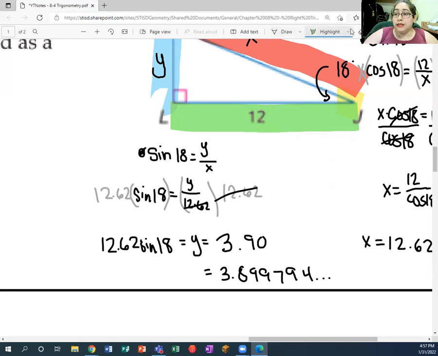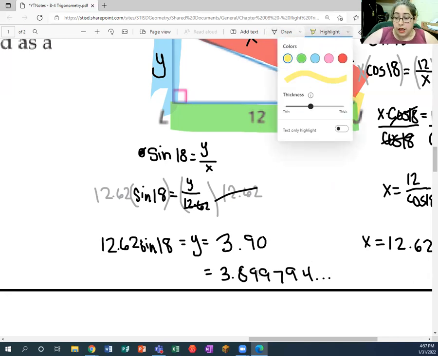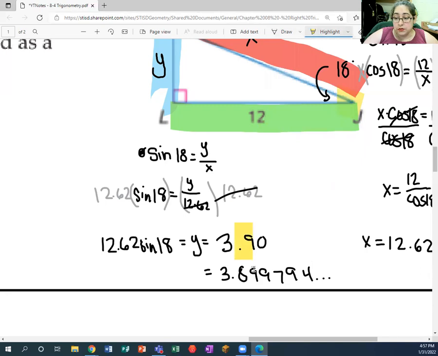Now when I'm looking at these numbers and trying to round to this decimal place, let me write that all over again: 3.899794 something.